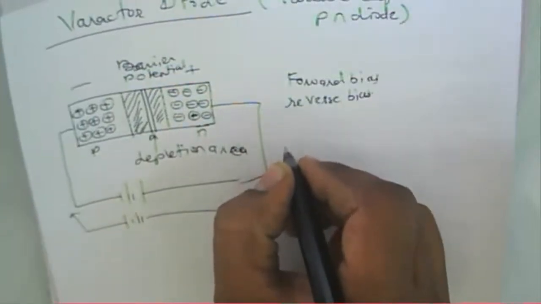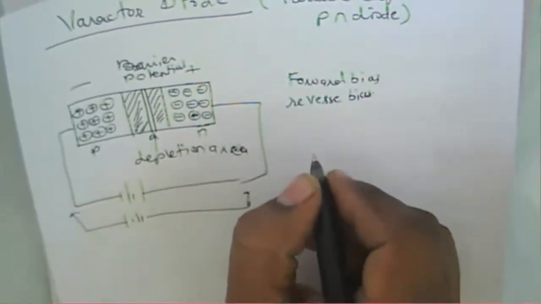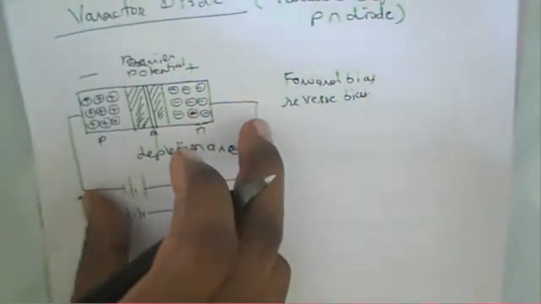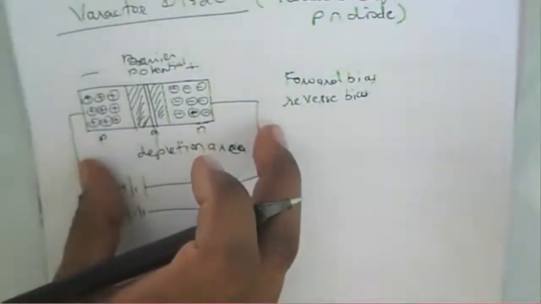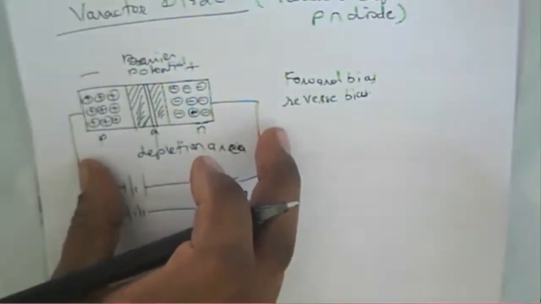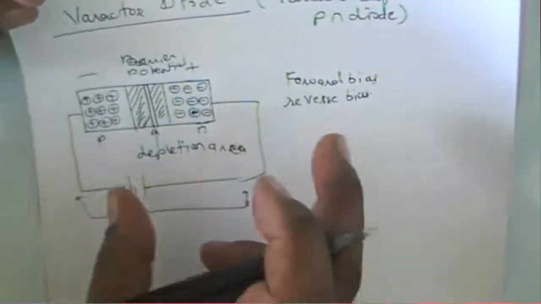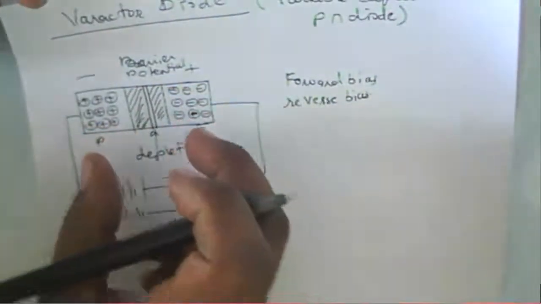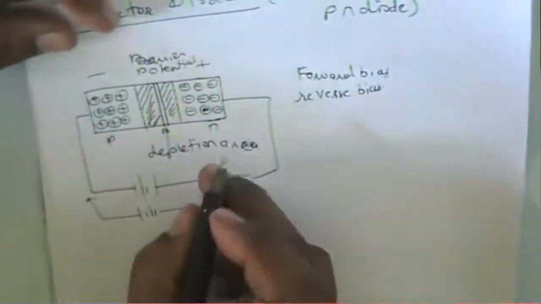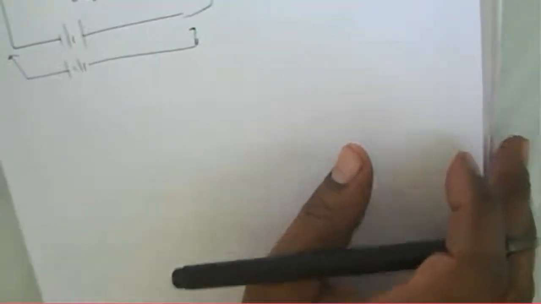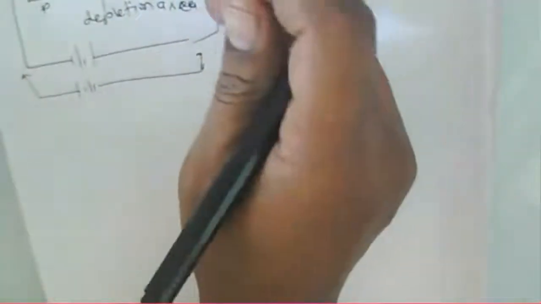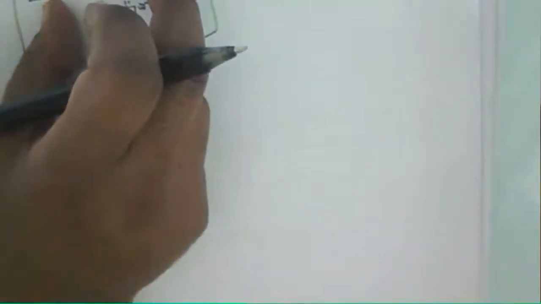But how much bias do we apply? Whichever bias we apply, if the magnitude of that bias voltage is above the barrier potential, then the width of the depletion area will change. Otherwise, the width of the depletion area will not change. So we need to know how much bias we apply to the diode.